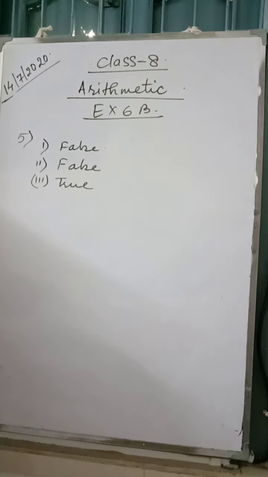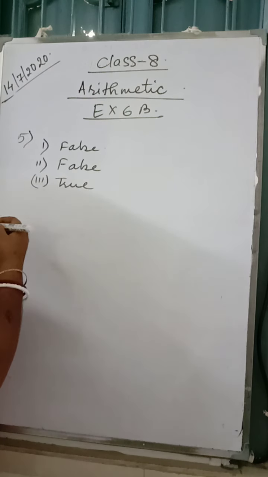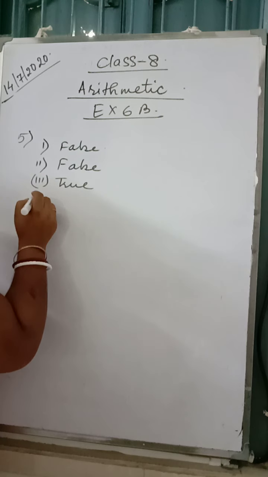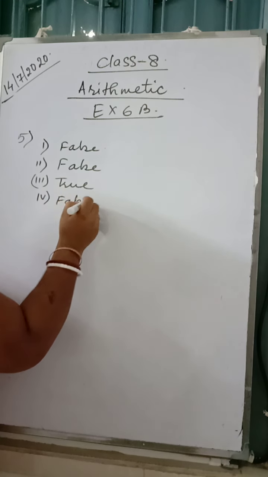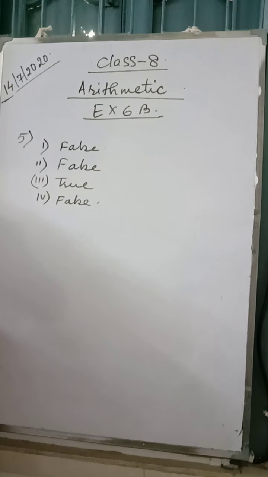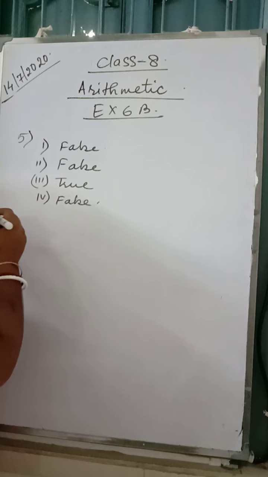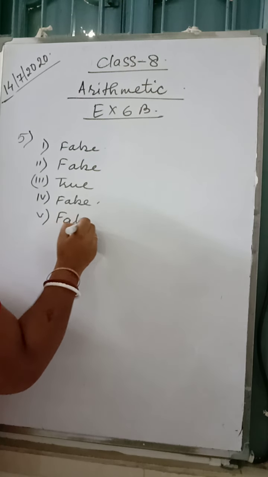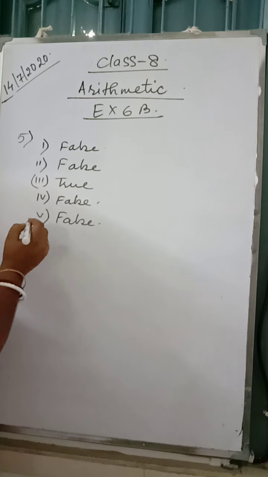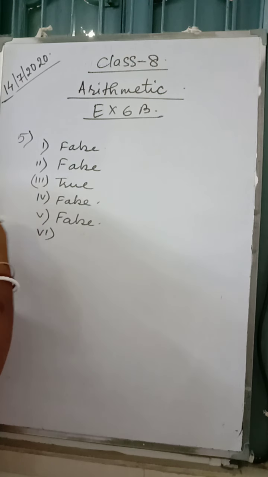All the members of A are the members of C. A is a subset of B. Again it is false because A is having 8, B does not consist 8. Number 5, A is a proper subset of B. Still false.